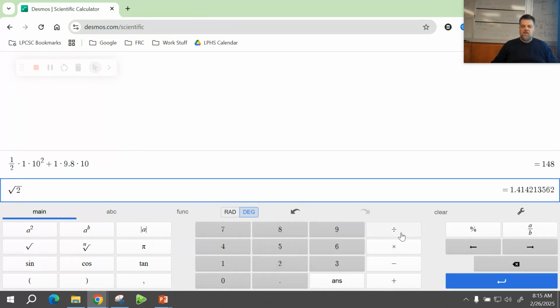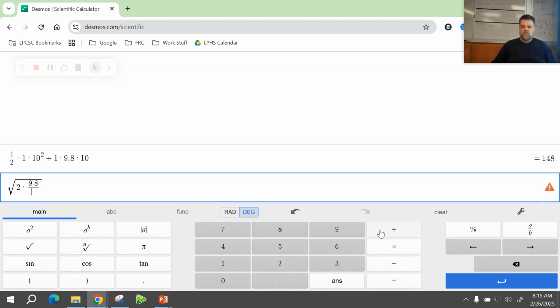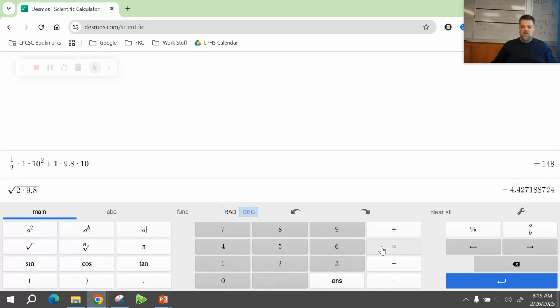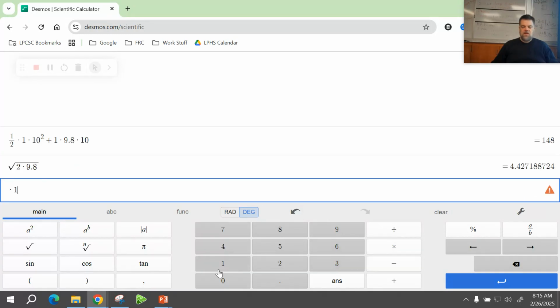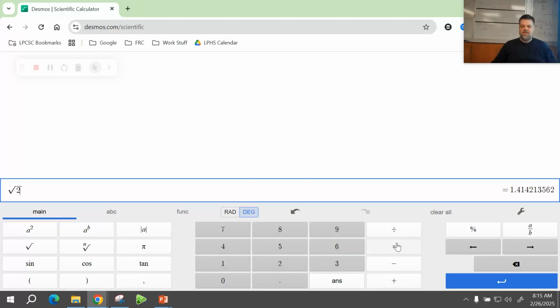So I have 2 times 9.8 times 10. Very frustrating. Let's try this again. It's not 1/2, it's 2 times 9.8 times 10, square root, 14. Hey, that's pretty good. I'm impressed. So 14 it is.